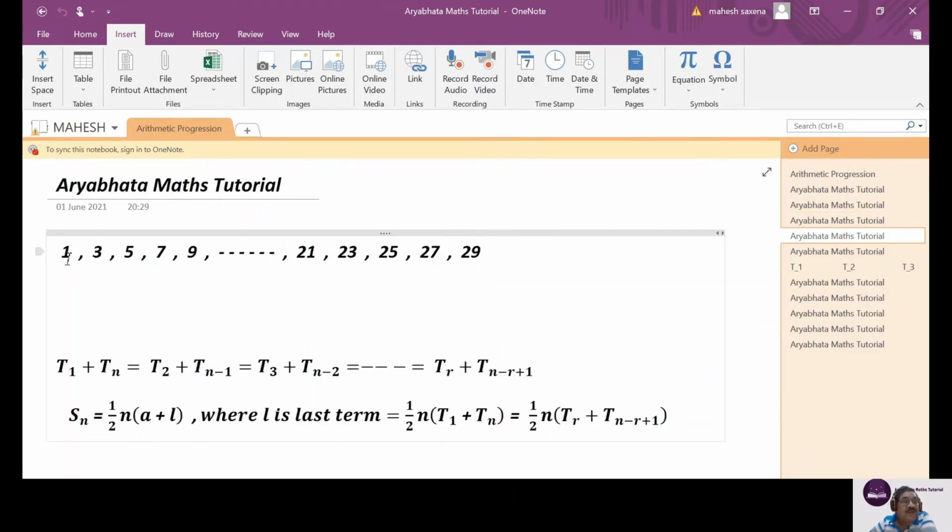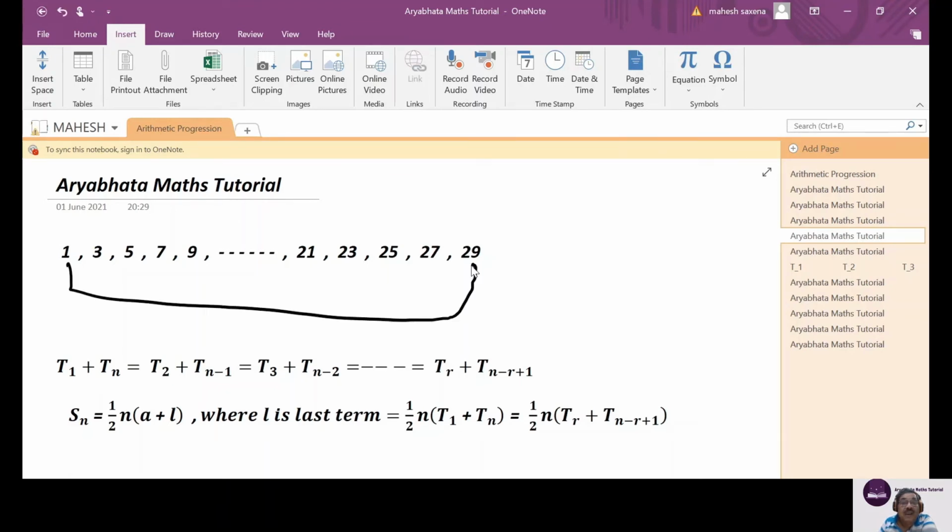Terms of this series are 1, 3, 5, 7, 9, and so on, up to 21, 23, 25, 27, and 29. Here, a very interesting thing is that if we add the first term and the last term, it is coming as 30.